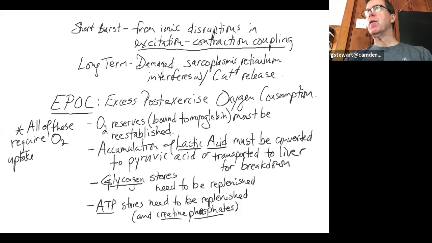So you've been alive long enough to know that when you're immediately done exercising, you continue to breathe heavily. And that's what's going on here, during this excess post-exercise oxygen consumption. The reason you're breathing heavily is that your body is doing these things. The amount of oxygen that you need post-exercise to restore all of these things in the body, that's what this means.